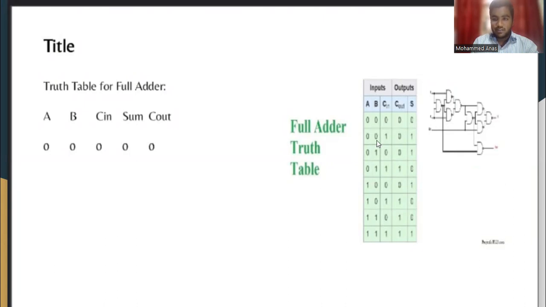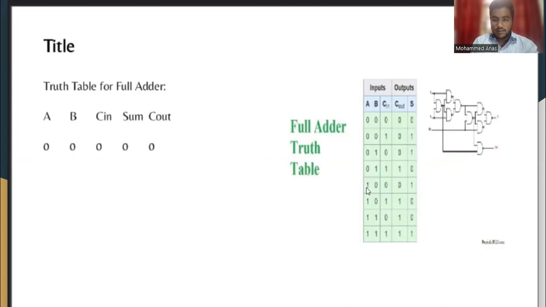If A and B are 0 and C in is 1, then C out will be 0 and sum will be 1. If A is 0, B is 1 and C in is 0, then C out will be 0 and sum will be 1. And if A is 0 and B and C in are 1, then C out will be 1 and the sum will be 0.